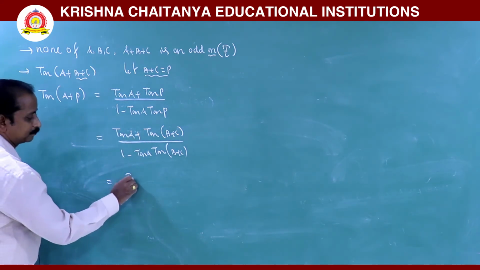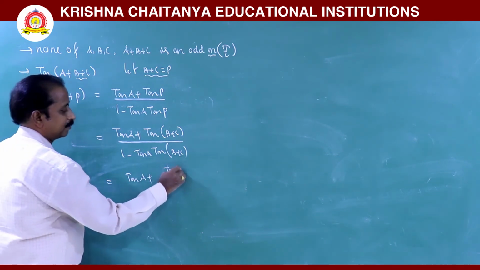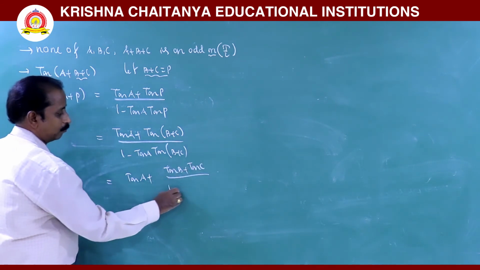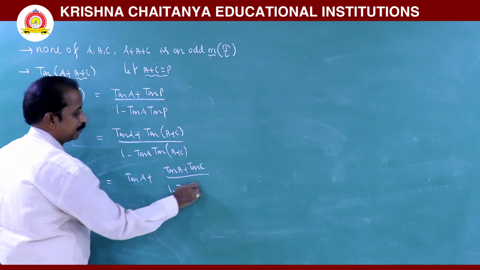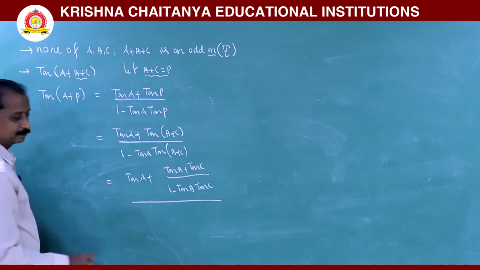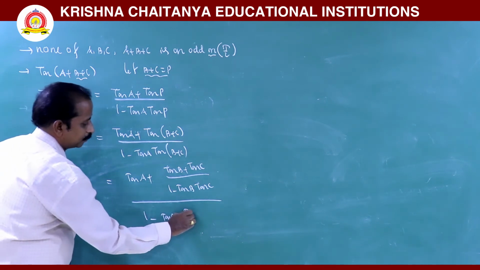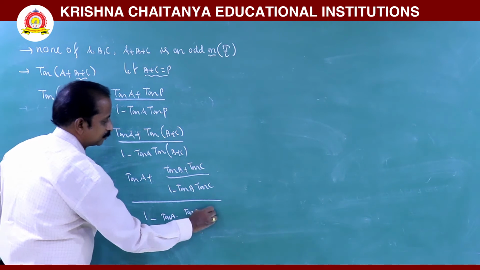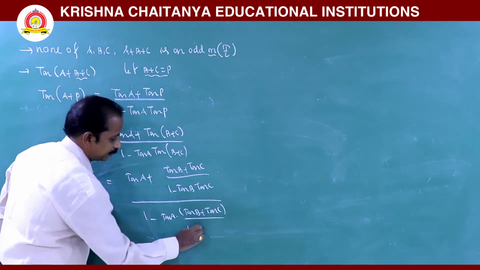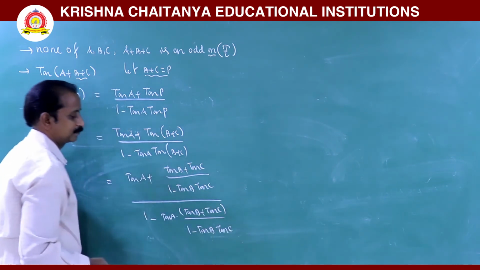Let us apply. We get tan A plus (tan B plus tan C) by (1 minus tan B tan C), whole divided by 1 minus tan A into (tan B plus tan C) by (1 minus tan B tan C).